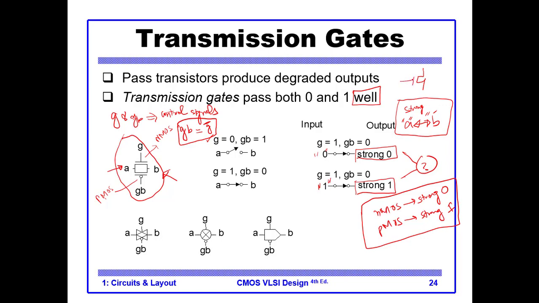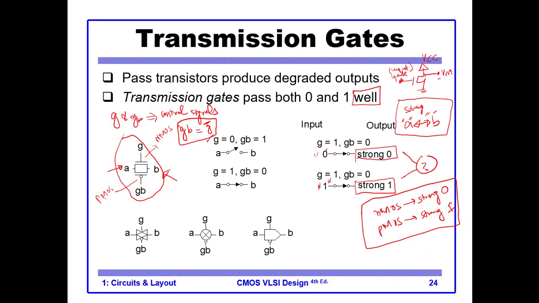In separate NMOS or PMOS, the scenario was like this. From here you are taking, for example, your V out, and this was your gate, and this gate was your input. When the gate was, for example, 0, it was closed and you get a strong 0. But when it was 1 and the gate is closed, you get VCC connected to the output.